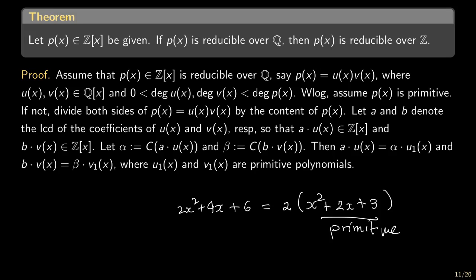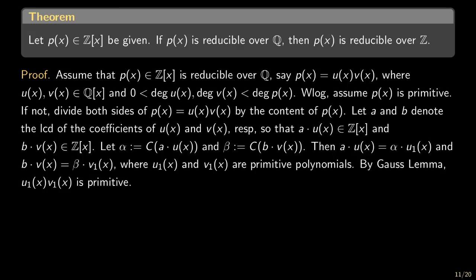So if we factor the content alpha out of a times u of x, we get a primitive one: u1 of x is a primitive polynomial. Similarly, if the content of b times v of x is beta, and I factor it out, I get something that is primitive.